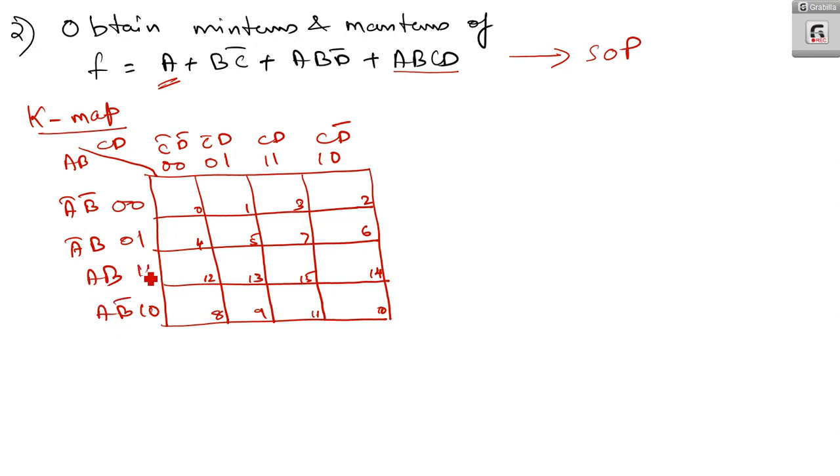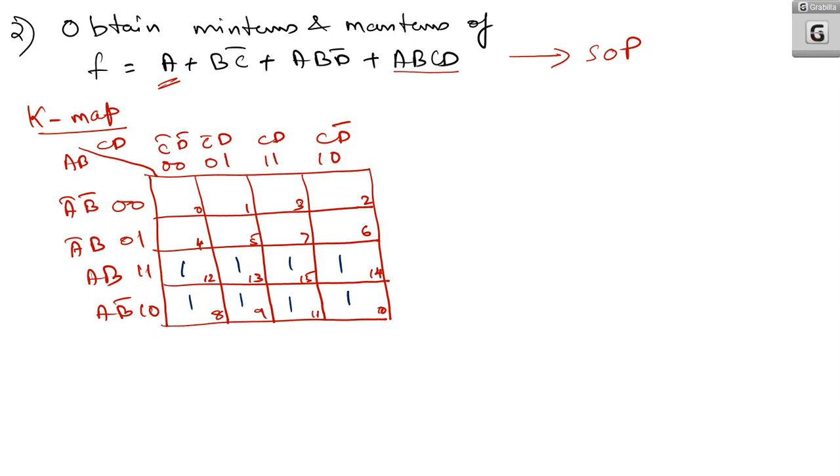So you give 1 to all values which is having A, so 1, 1, 1, 1, 1, 1, 1, 1. In these two rows you are having A, so give ones there.